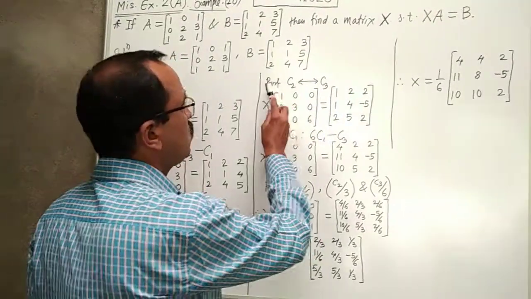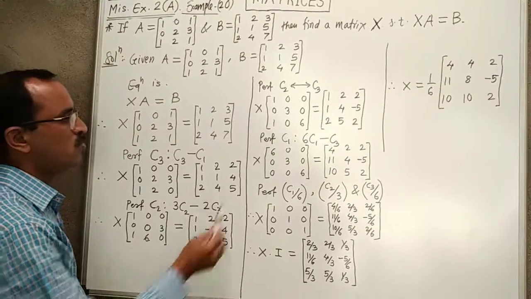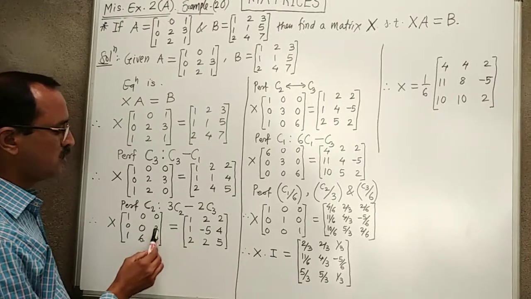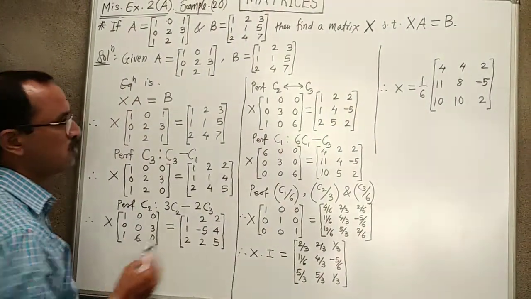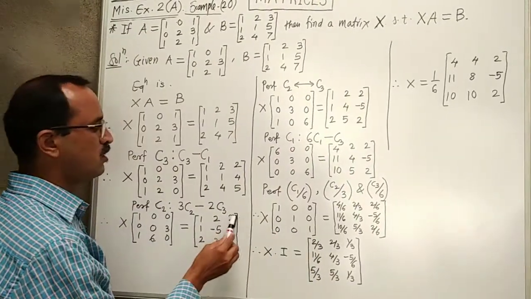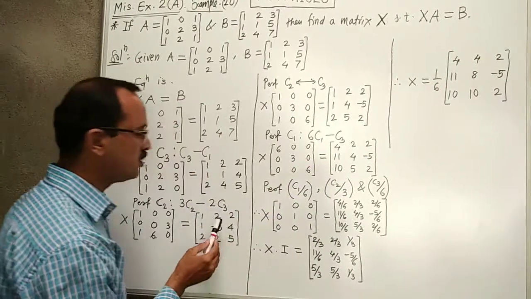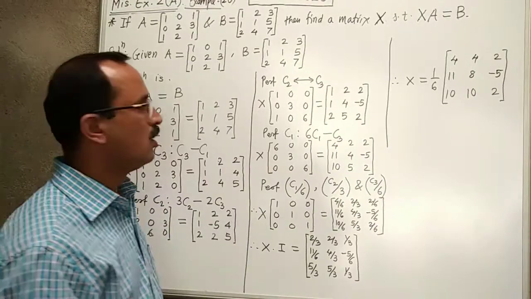So C1 remains the same on both sides, C2 is 0 3 0 and C3 is 0 0 6. On the right side, C2 becomes 2 4 5 and C3 becomes 2 minus 5 2.